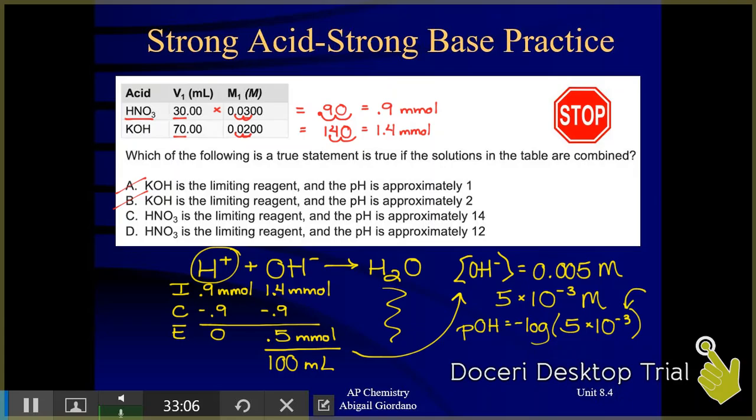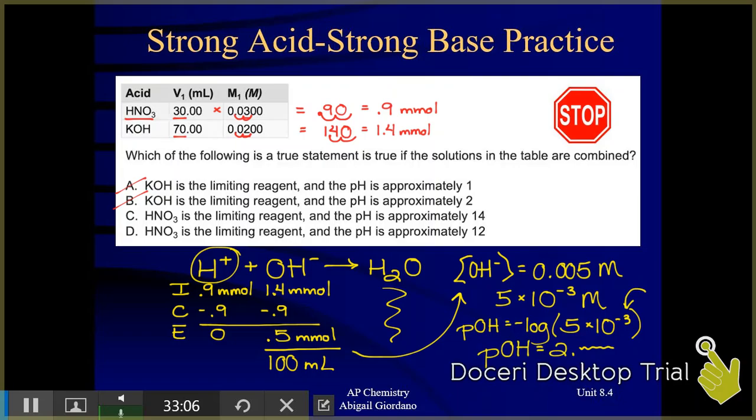If it was 1 times 10 to the negative 3, the pOH would be exactly 3. But because it's 5 times 10 to the negative third, the pOH is going to be 2 point something.